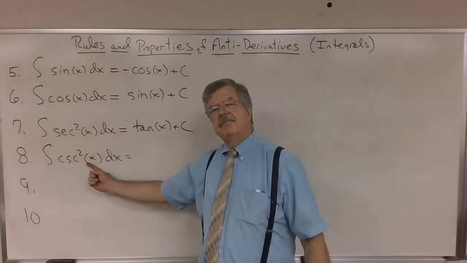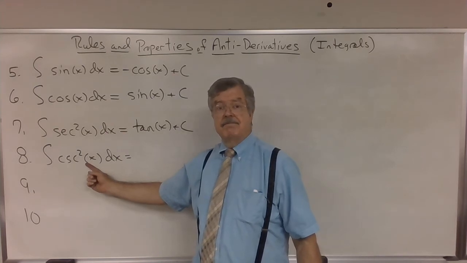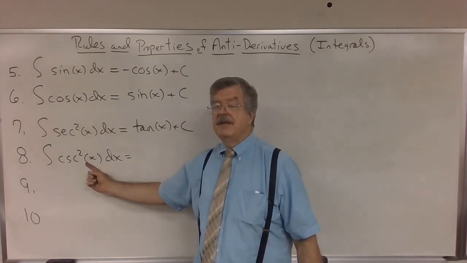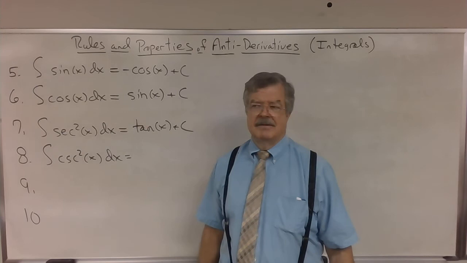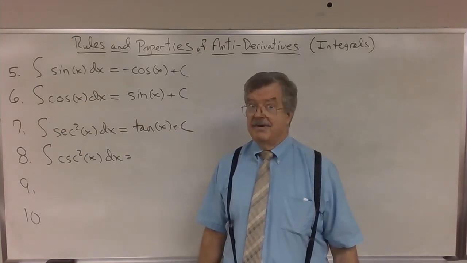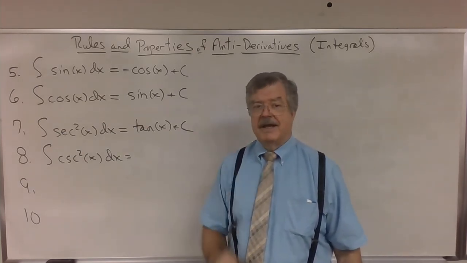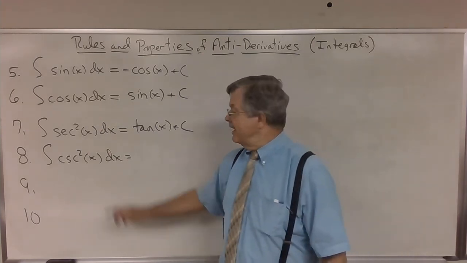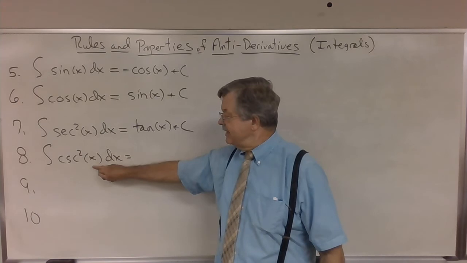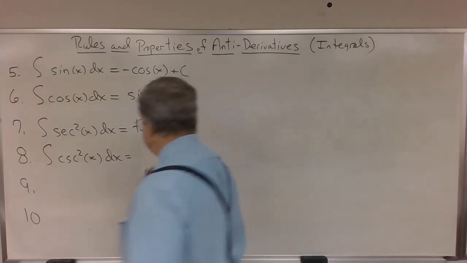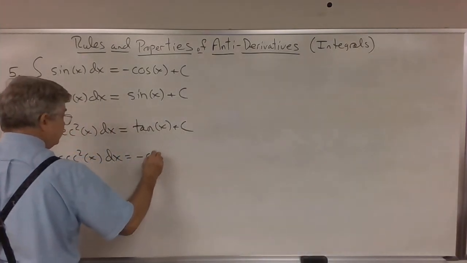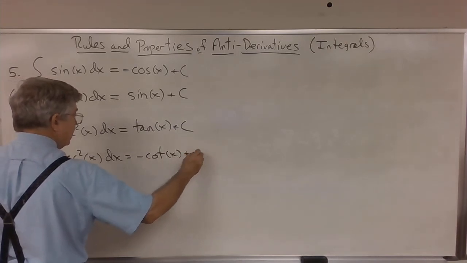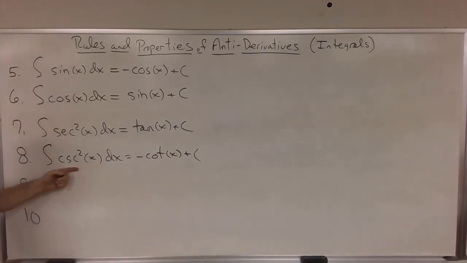What would I have to compute the derivative of to get positive cosecant squared x? Negative cotangent x? That's right. The derivative of negative cotangent of x is positive cosecant squared x. So negative cotangent x is the antiderivative of cosecant squared x.